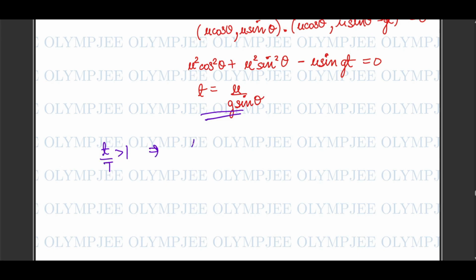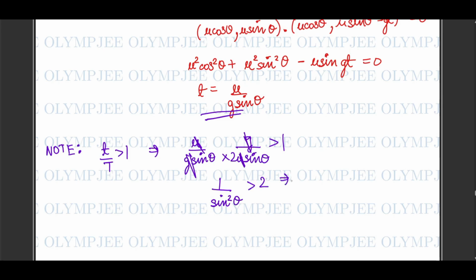This implies sine square theta is less than half, which implies theta is less than 45 degrees.